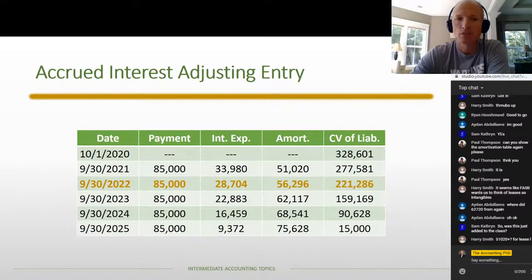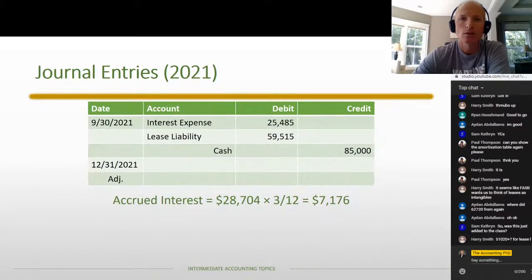Okay, so now we're moving on to get the adjusting entries for the end of 2021. It's a similar process that we had just done, but of course now we're using the 12 months ended September 30th, 2022. So similar to what we had done before, we need to accrue interest.